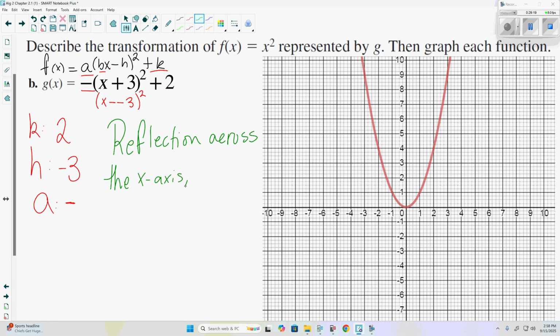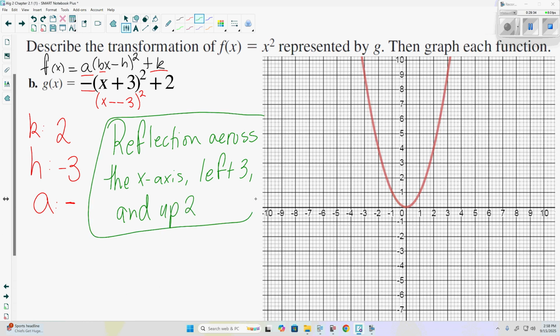H being negative 3 tells me that we're moving left 3, and our K value tells we move where? Up 2. And that's it.